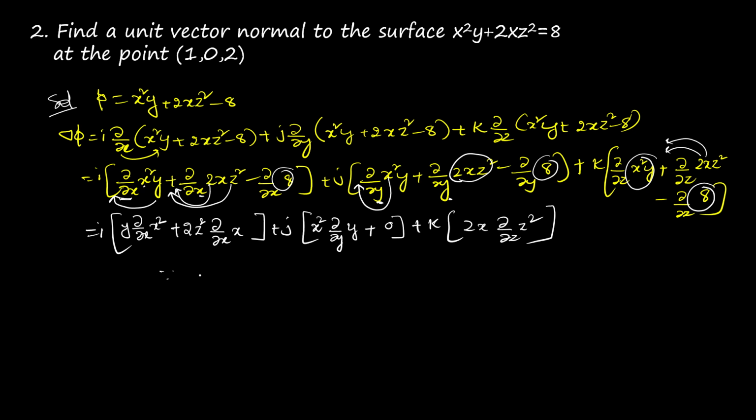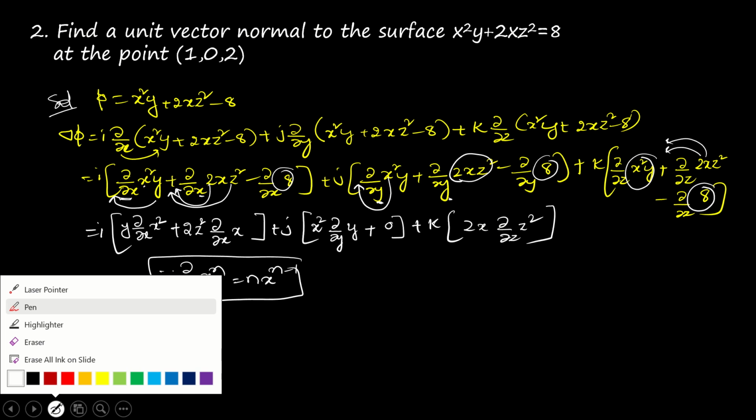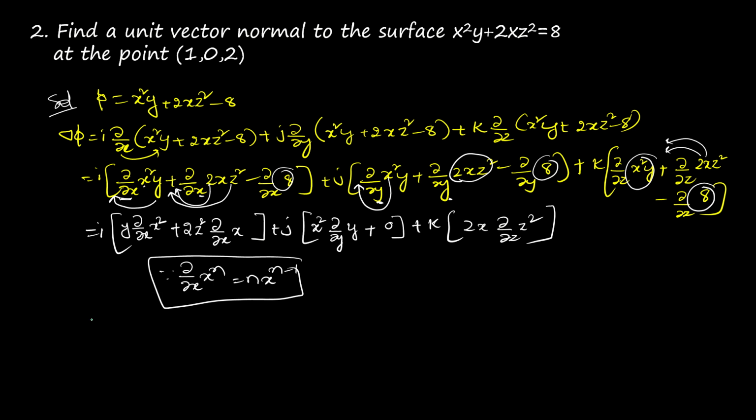Same here, we need to apply the ∂/∂x of x to the power of n formula: n into x to the power of n minus 1. Here i of y ∂/∂x of x squared gives 2x to the power of 2 minus 1, that is 2x. Next plus 2z squared ∂/∂x of x, whose value is 1.